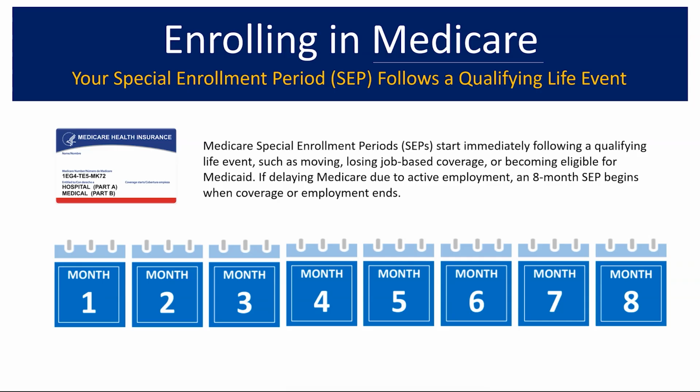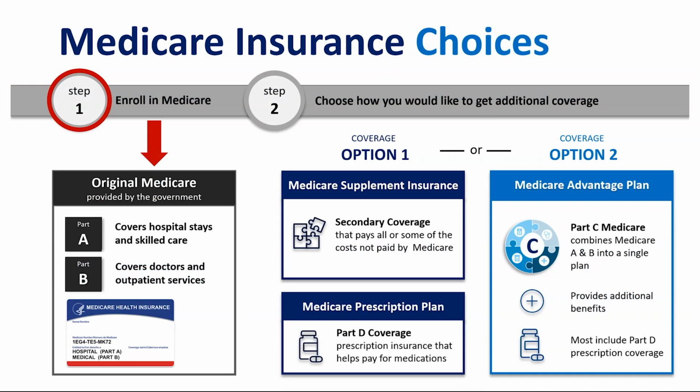And in this situation here, if you delayed your Medicare because you had insurance through your employer, then Medicare allows you an 8-month special enrollment period that begins when your group coverage ended or your employment ended and then extends an additional 8 months. So Medicare itself has a very long special enrollment period for people in that situation.